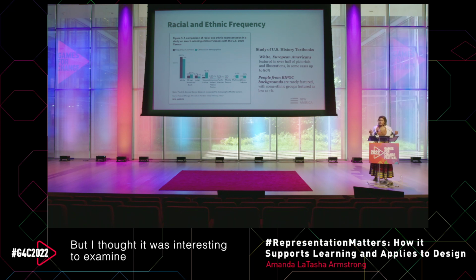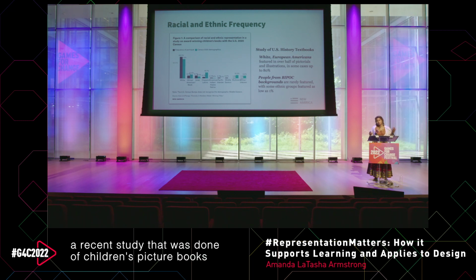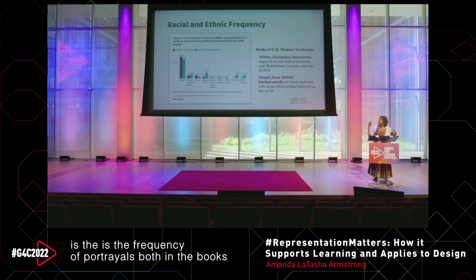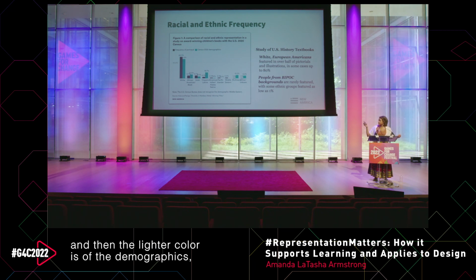But I thought it was interesting to examine the disparity between one recent study that was done of children's picture books and the US Census. If you notice, the darker color is the frequency of portrayals within the books, and the lighter color is the demographics from the US Census.